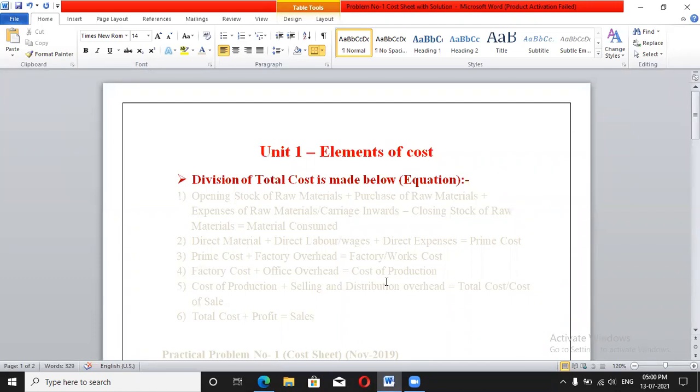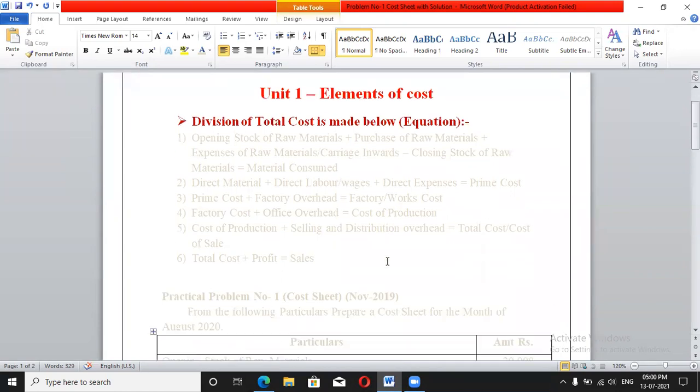Before seeing practical problem number 1, we have to know the various equations under the cost sheet, because these equations are very important for the MCQ type exam. So let's see the equations of cost sheet.